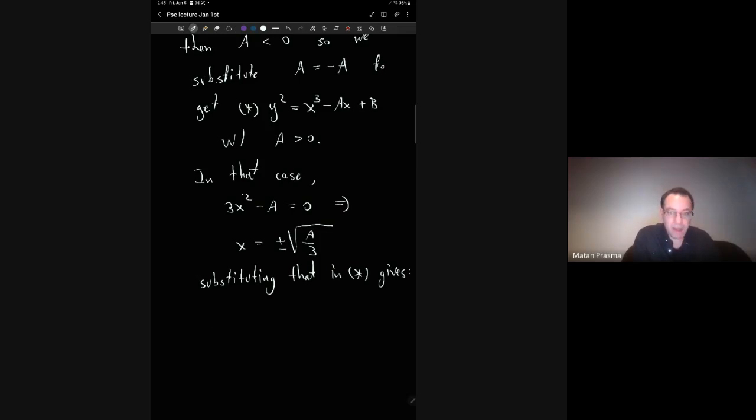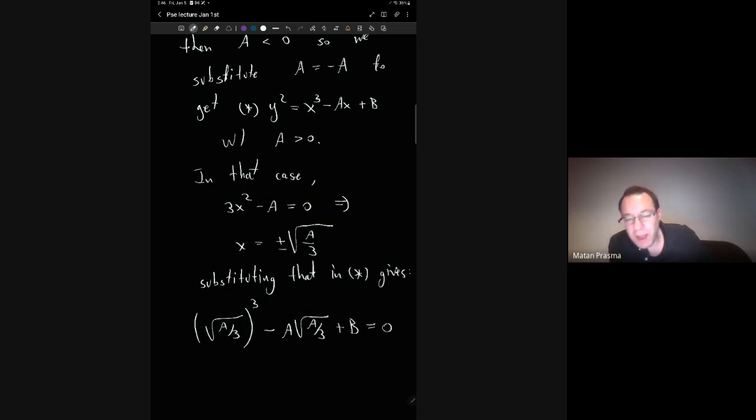So I get that square root of a over 3, cubed, minus a times square root of a over 3, plus b is equal to 0. That's the equation that comes from the fact that we assume that (x, y) is a point on the curve.